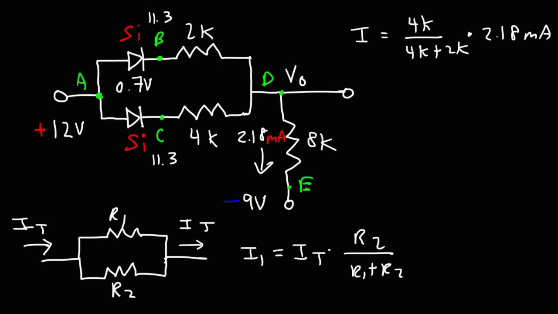So it's going to be 4 over 6 times 2.18. So the current that is flowing through the 2 kilo ohm resistor is approximately 1.45 milliamps.